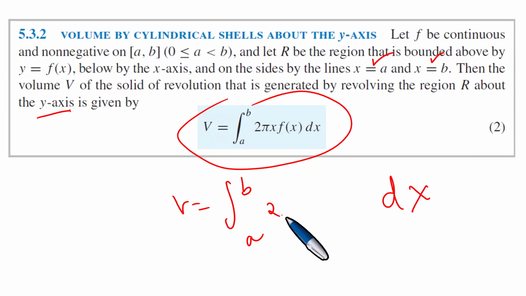It becomes from A to B, and you have 2 pi, and you have x, and then you have f of x there.